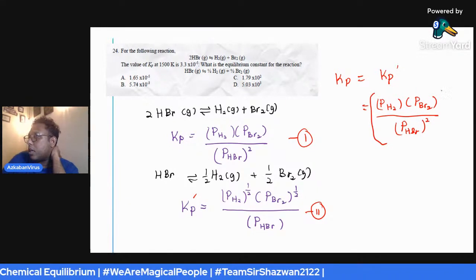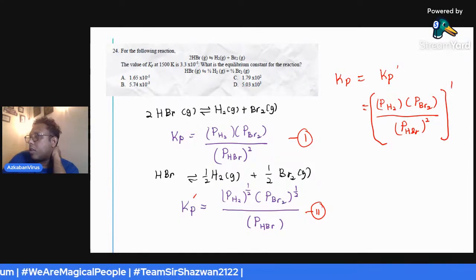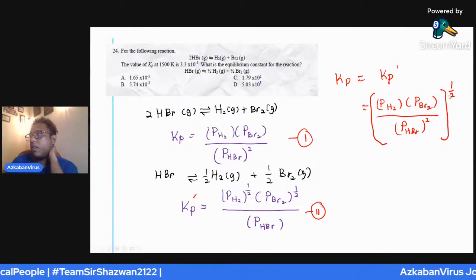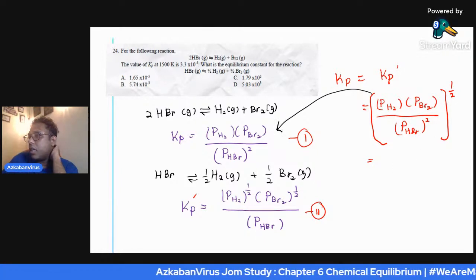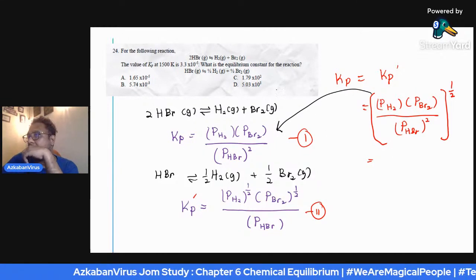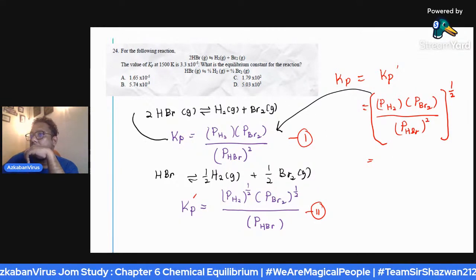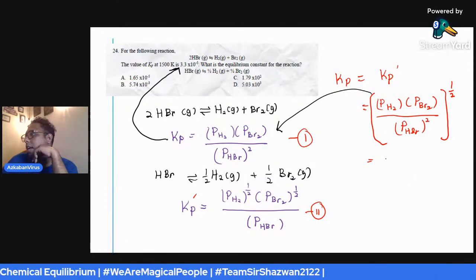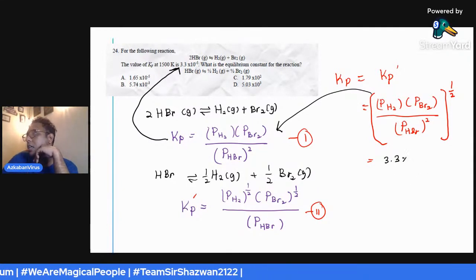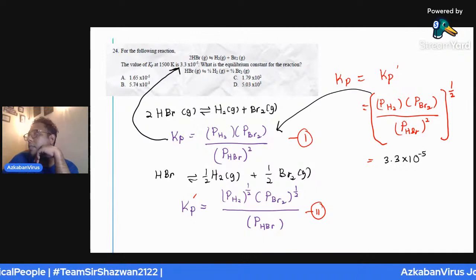Semua ni kuasa 1/2. Ni sama dengan ni. Ini sama dengan ini. Which is nilai dia adalah the value is this one. So, ni sama dengan 3.3 darab 10 kuasa negatif 5 to the power of 1/2.